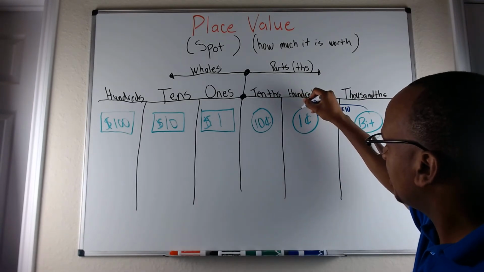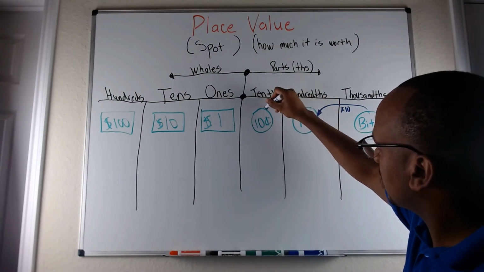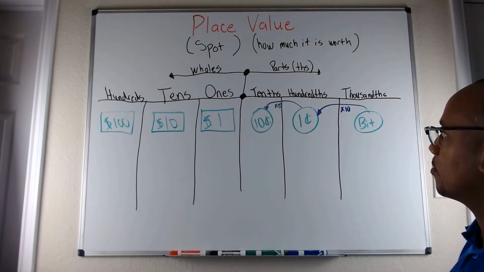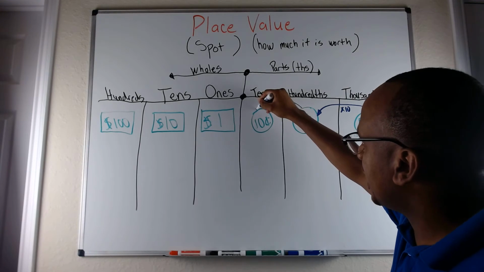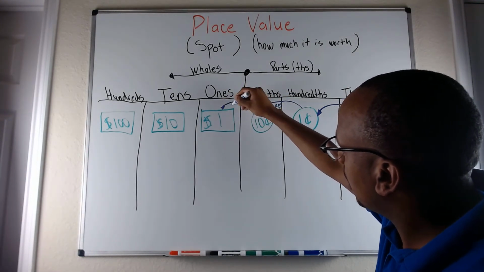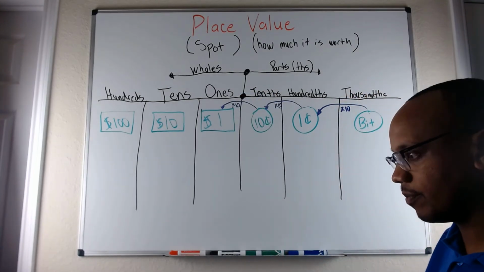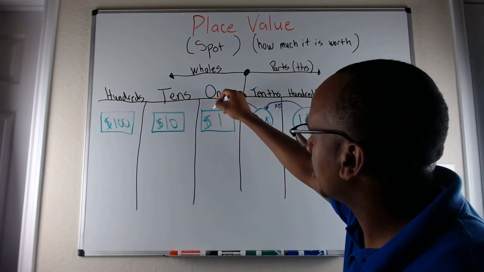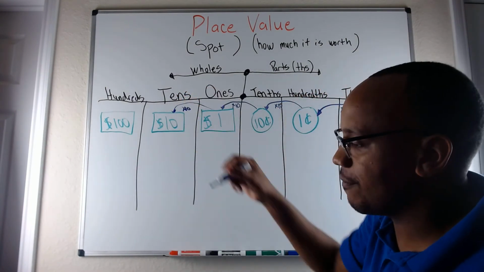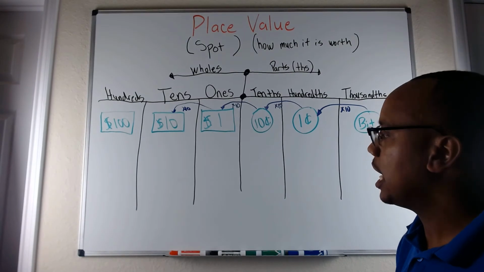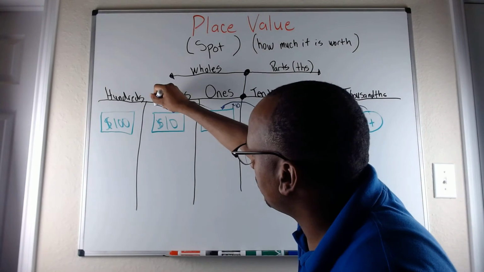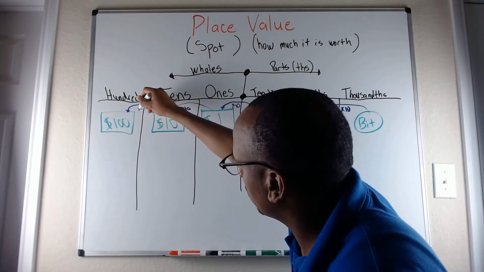A penny times 10. So when I collect 10 pennies, I can trade it in for a dime. 10 cents, a dime. When I get 10 of those times 10, I can trade it in for $1. $1 times 10, I can trade it in for a $10 bill. $10 bills, if I get 10 of them, I can trade them in for a $100 bill.